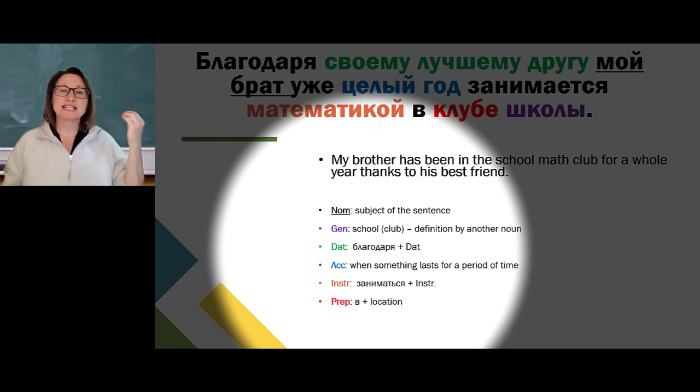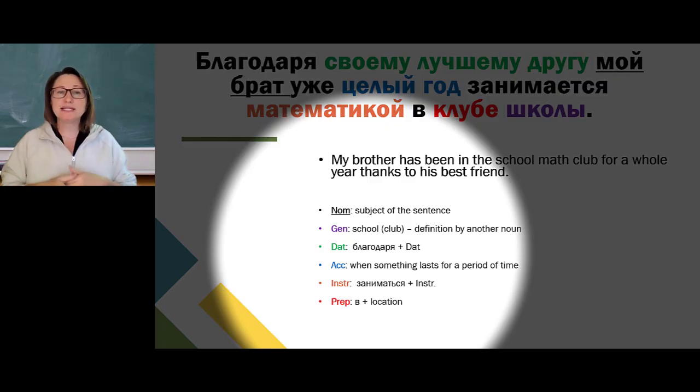So dative was своему лучшему другу, because it has the preposition благодаря in front of it, and that goes with dative. Accusative is целый год. When something lasts for a specific period of time, that's just accusative, no prepositions needed. And he has been in the school math club for a whole year.